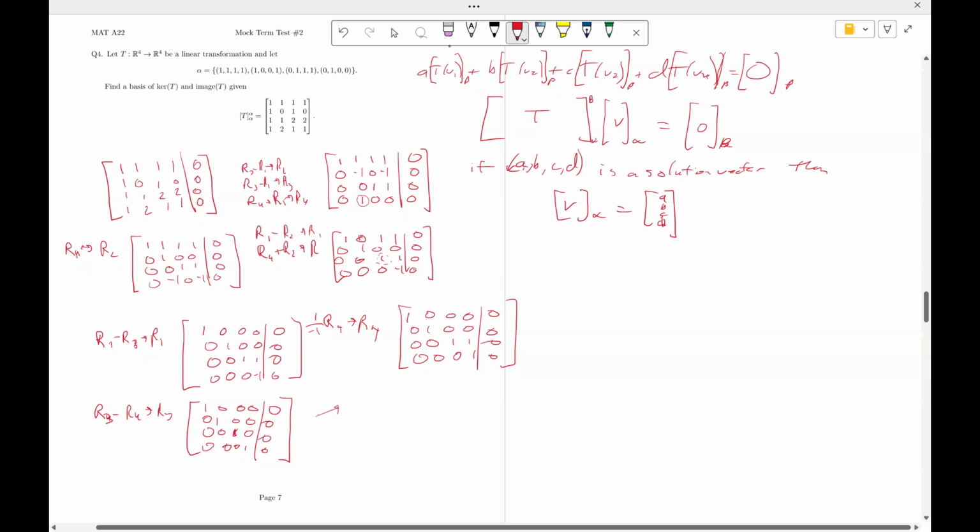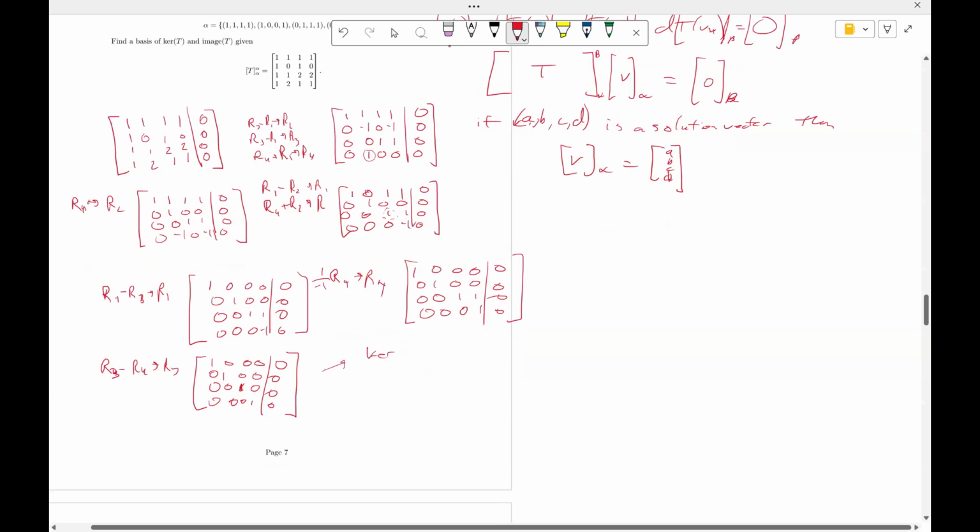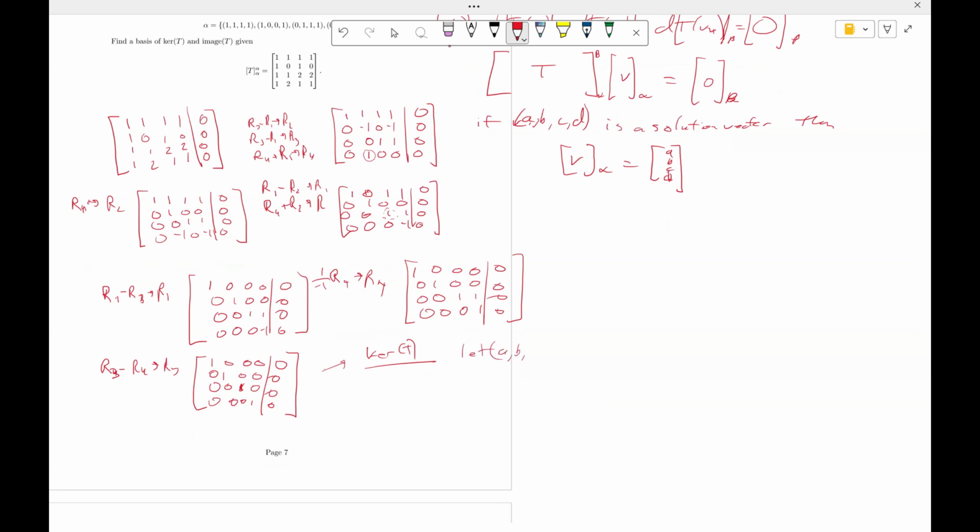Well, let's start with kernel. We're going to start with our discussion of the kernel of T. And we let (a, b, c, d) be a solution vector. Well, we have this system.